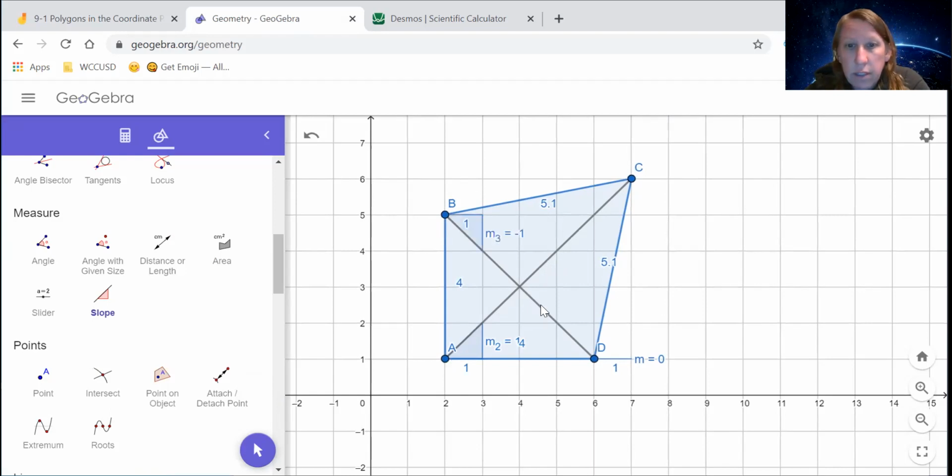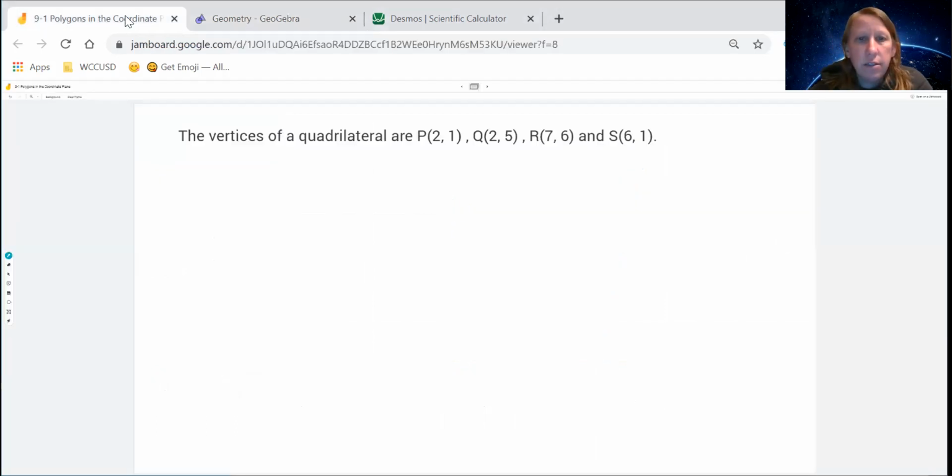And what's the slope of this diagonal? -1. So you can see it's down 1 over 1, down 1 over 1, and the slope of this one is up 1 over 1, up 1 over 1. And right here, the slopes are opposite reciprocals, so they meet to form a right angle. So I'm going to copy and paste that in. It's good to be able to use technology to do these things.